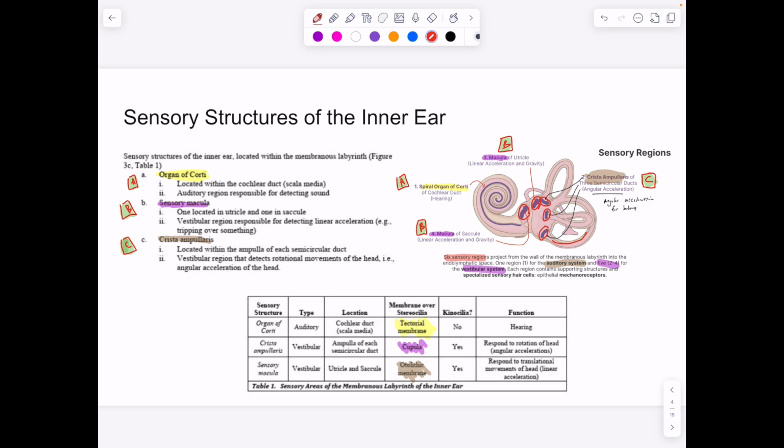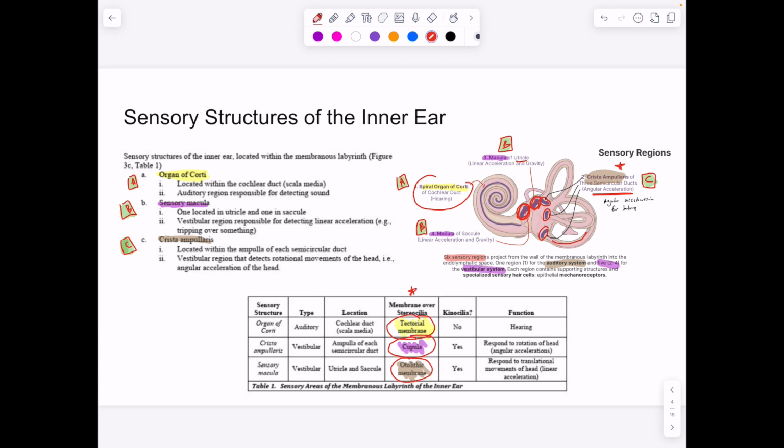If you're in the organ of Corti, it's called the tectorial membrane. If you're in the crista ampullaris of the semicircular ducts, it's called the cupula. And if you're in the macula of the utricle or the macula of the saccule, it's the otolithic membrane. We'll talk more about that.